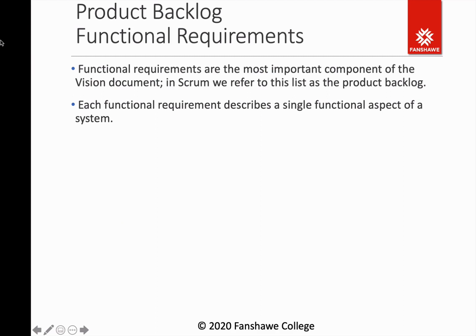I've already kind of mentioned requirements. Well, first of all, we have two types of requirements when we build a system. There are functional requirements and non-functional requirements. So you need to distinguish between those. So what are functional requirements? A functional requirement really describes a single functional aspect of a system.